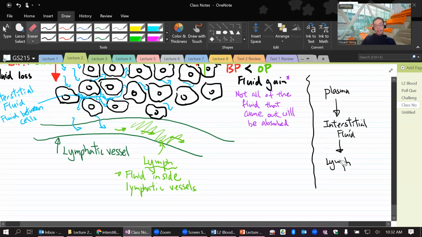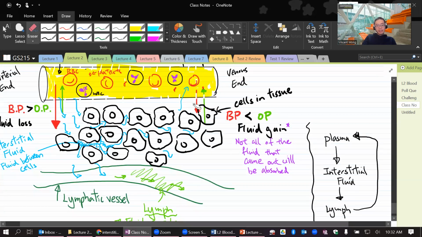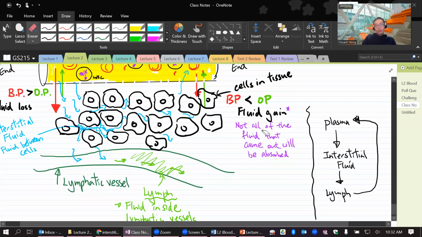Then the lymphatic vessels will take it back into the blood, and it will once again become the plasma. So that extra bit of fluid that didn't go back in will return to the blood eventually through the lymphatic vessels. Do you understand that?